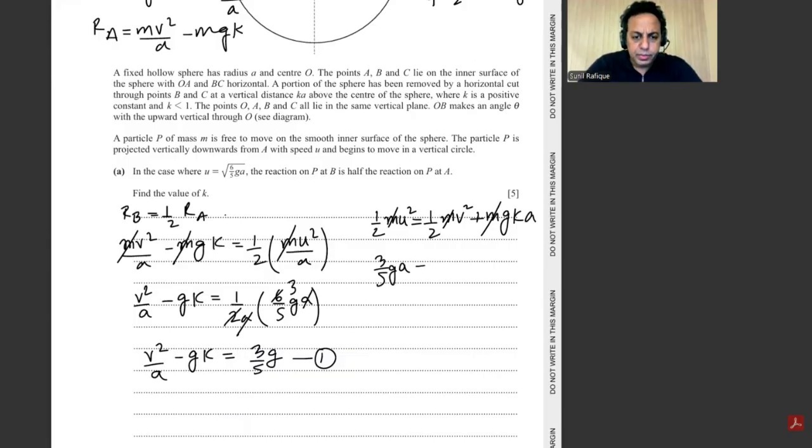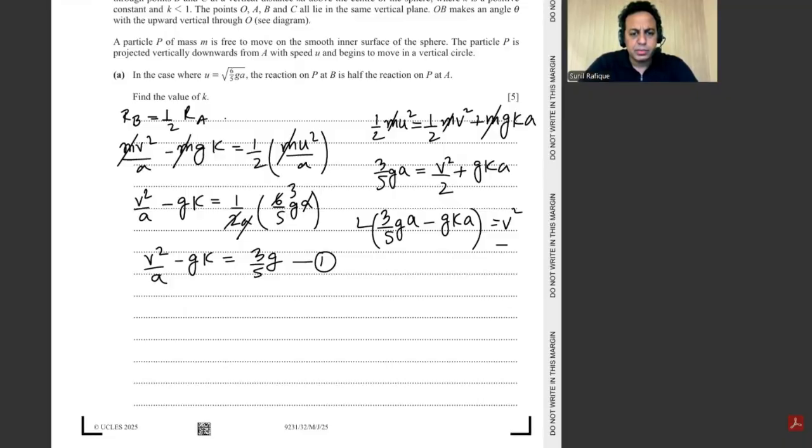And this is going to be v squared over 2 plus gka. So what should I do about this? I can use this equation to make v squared the subject and then sub in the value. So v squared is 3/5 ga minus gka times 2. So let's sub it over here. Let's call this equation 2.